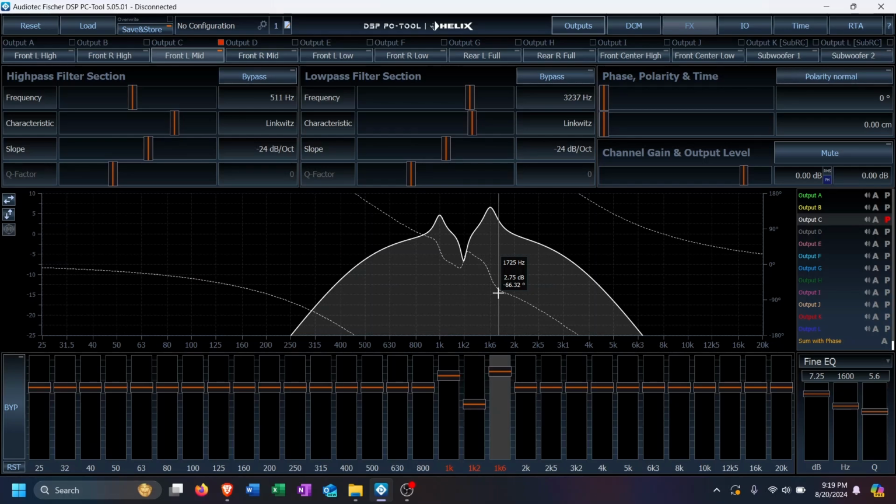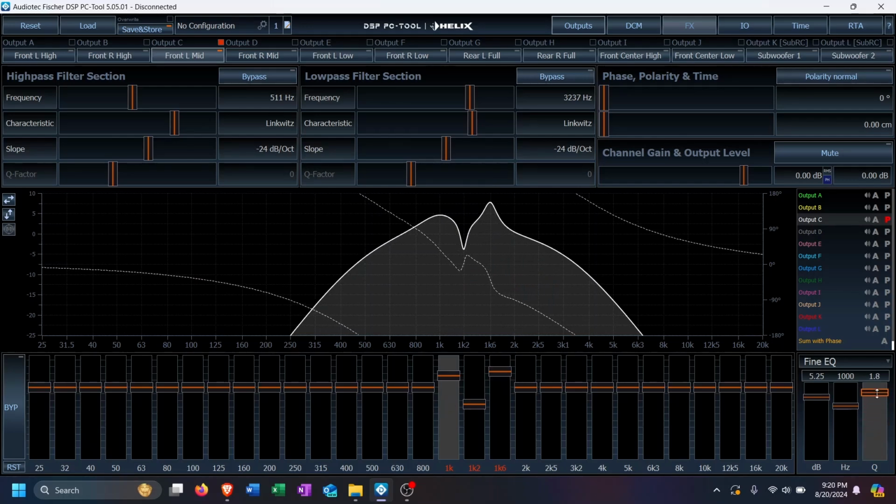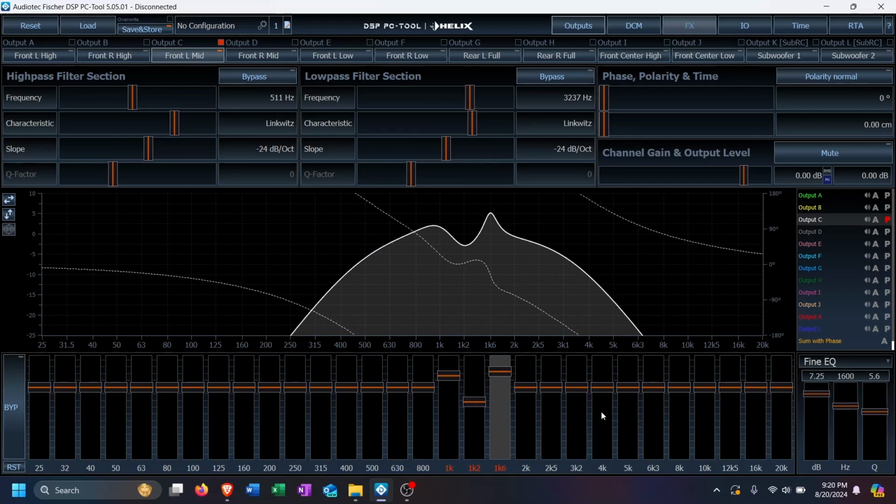So with that, I like to use lower Qs at all times if I can. So we have these really jagged phase lines, but if we smooth out the Q, we can see that they just look a lot more reasonable.